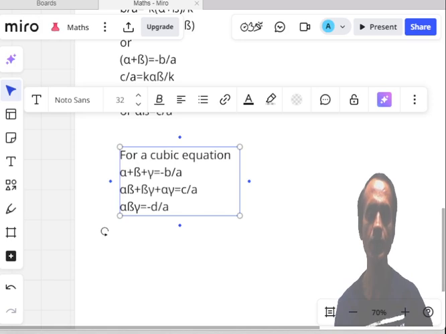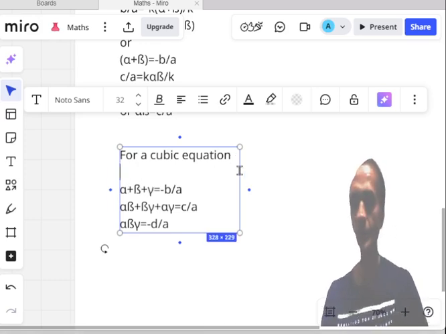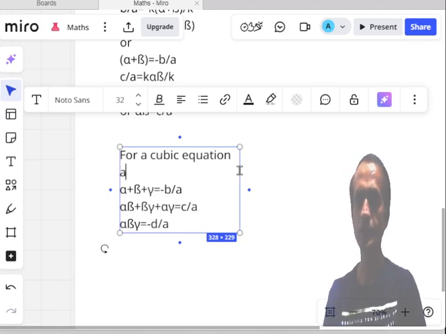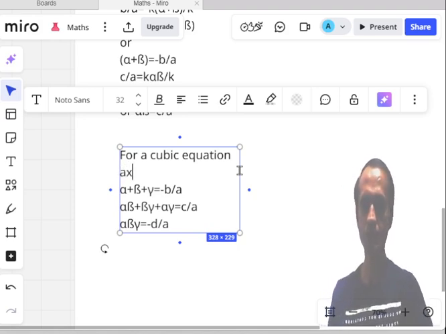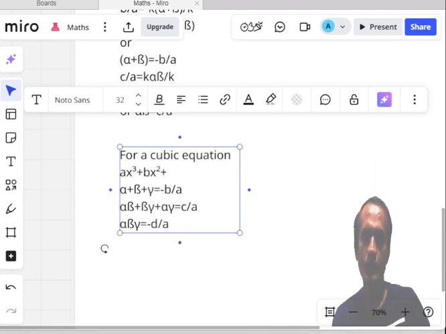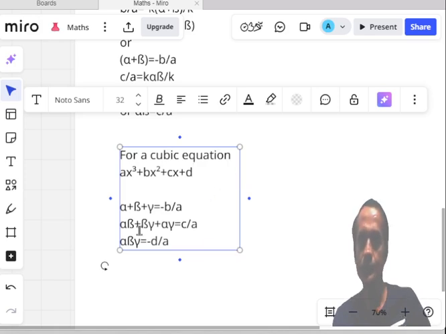I'll write the equation first. So for this cubic equation, the relation between the zeros and coefficients is as below.